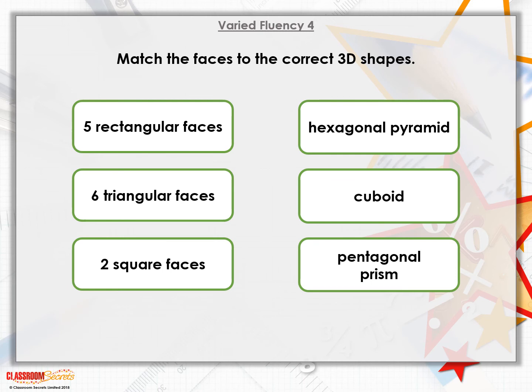Pentagonal prism, meaning that we've got 2 pentagons at the side and then the rectangles forming that prism in the middle. So we've got the 5 rectangular faces, matches with the pentagonal prism. That key part there, the 5, that's a big clue. We've got 6 triangular faces, the hexagonal pyramid, and then we've got 2 square faces, okay, the cuboid, at either end of the cuboid there.